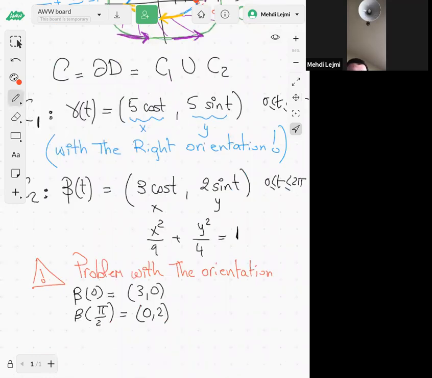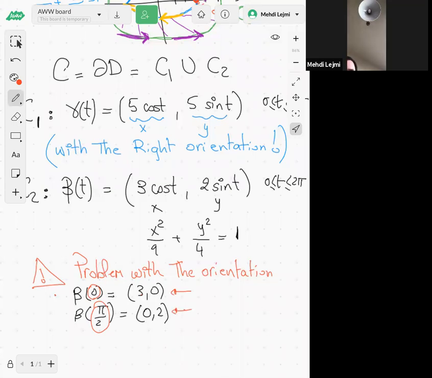Here you're moving from (3, 0) to (0, 2) because 0 is less than pi over 2. You start at time t equals 0, and then you get to time t equals pi over 2. You think of the parameter t as a time: at time t equals 0 I am at this point, and at time t equals pi over 2 I am at this point.